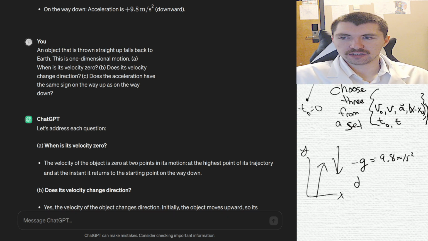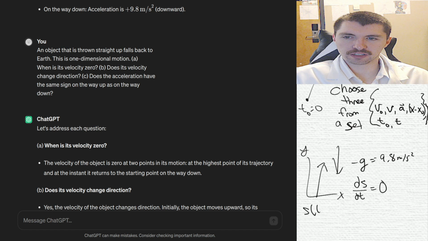Okay, velocity is 0 when you take the derivative of the position function. Velocity is 0 when that is 0. So if my position function s of t is, then velocity is 2t.